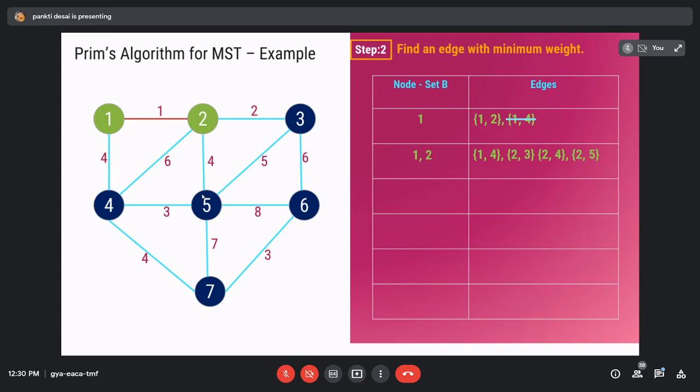Now from all these adjacent edges, 1 comma 4, 2 comma 4, 2 comma 3 and 2 comma 5, which has the minimum weight?